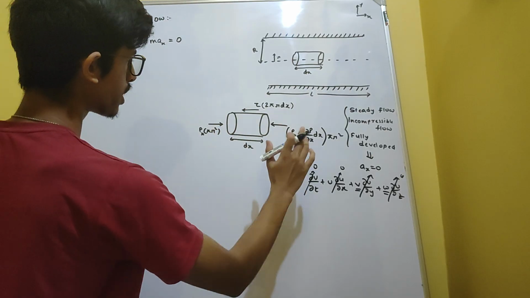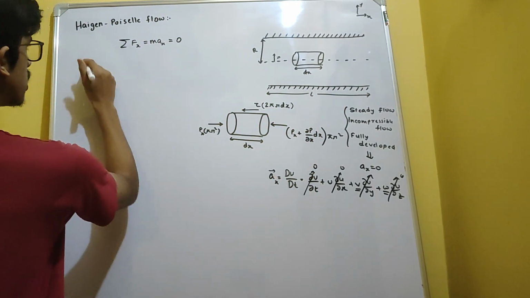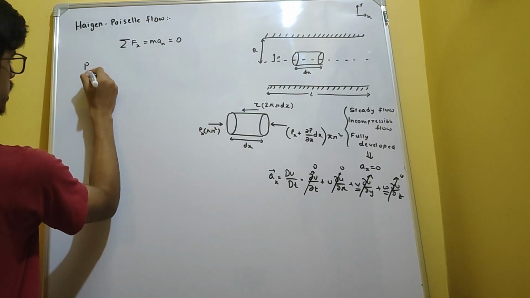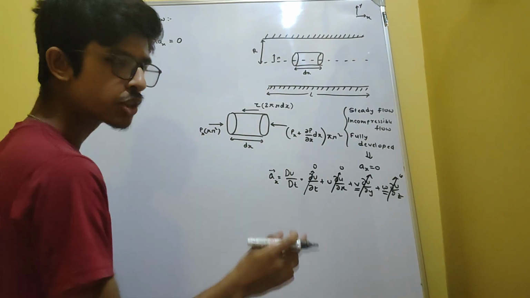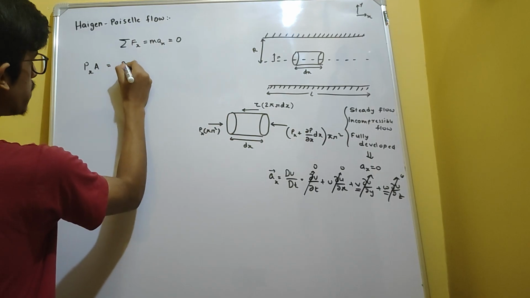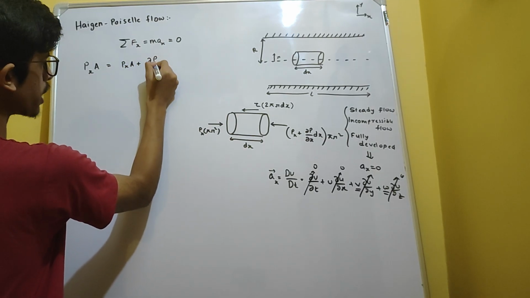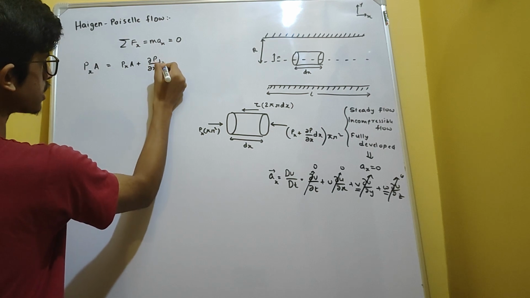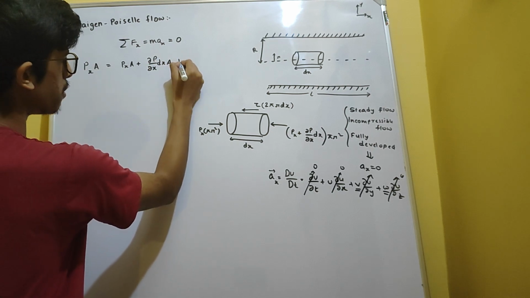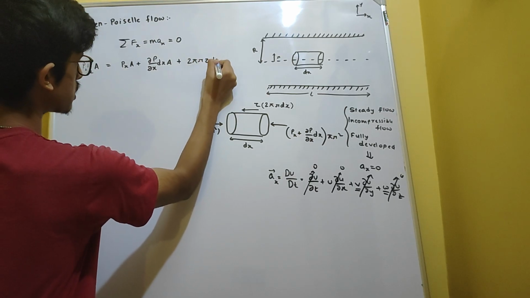So this is in positive x, this is in negative x, and this is also in negative x. So we will just put the values here: pressure p into area, where I am writing πr² as area, capital A, will be balanced by p into area plus ∂p/∂x dx into area, plus 2πr τ dx.